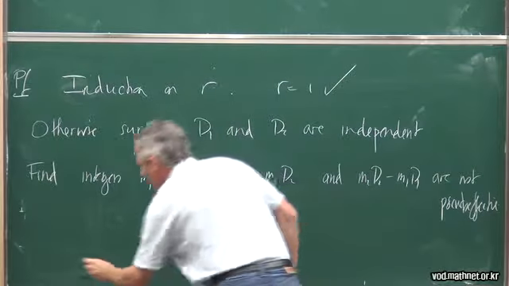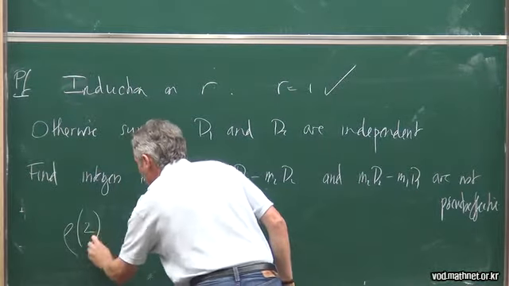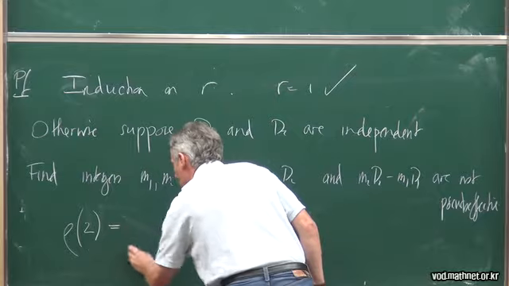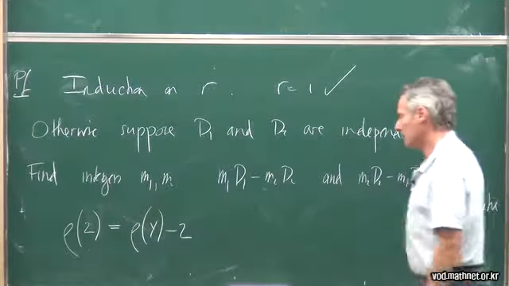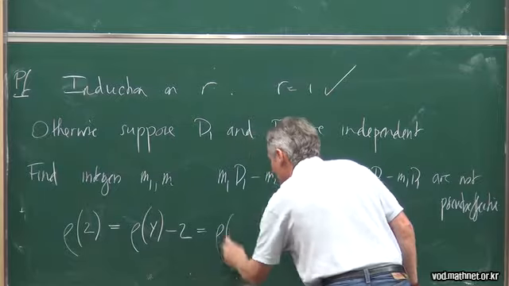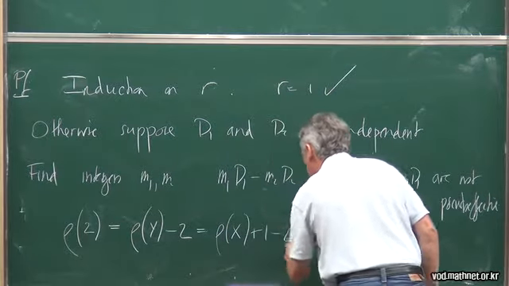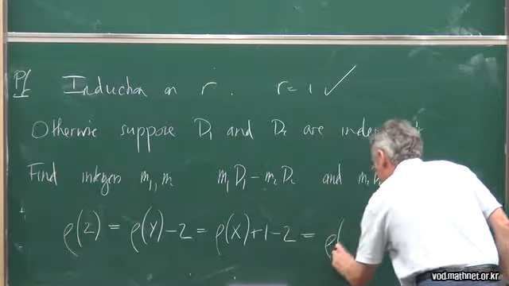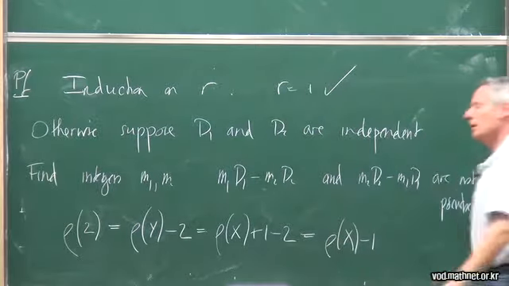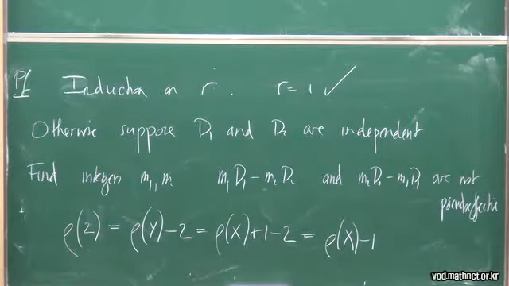What's the Picard number of Z? Well, it's the Picard number of Y minus 2, because you contracted two divisors. But the Picard number of Y is 1 plus the Picard number of X, because it's a P1 bundle. So in the end, the Picard number of Z is 1 less than the Picard number of X, and you just do induction.